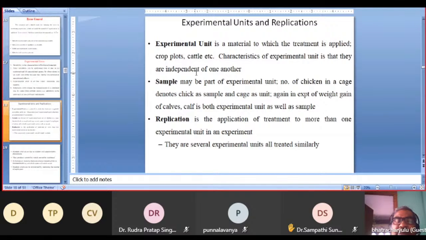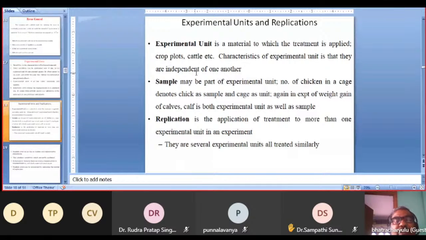We divide the total experimental material into parts, generally called experimental units. That is about which treatment, and how we apply it is also the most important part here.